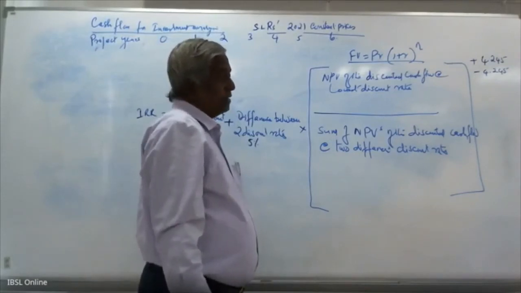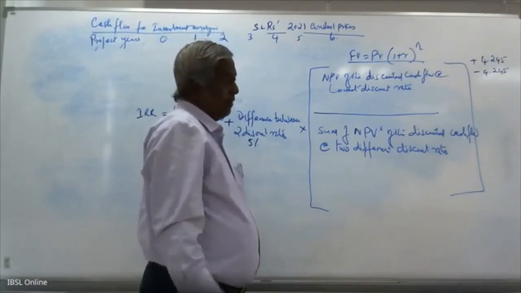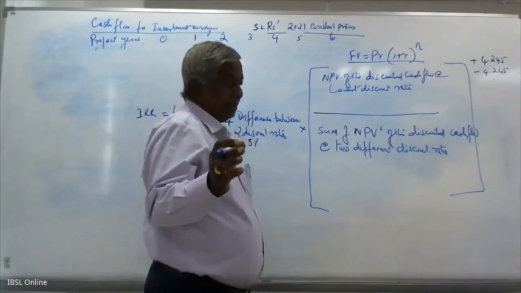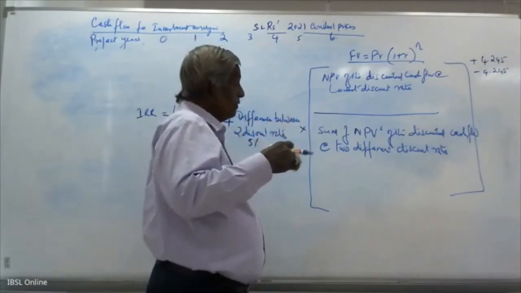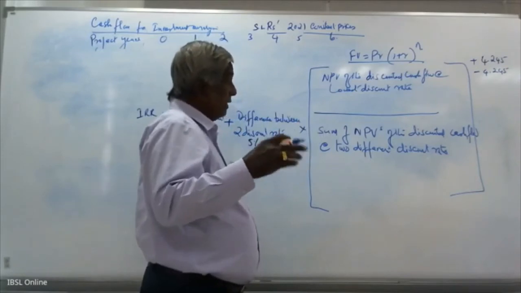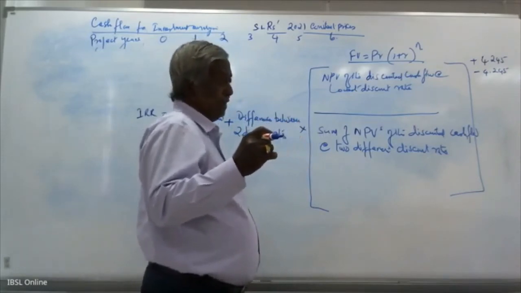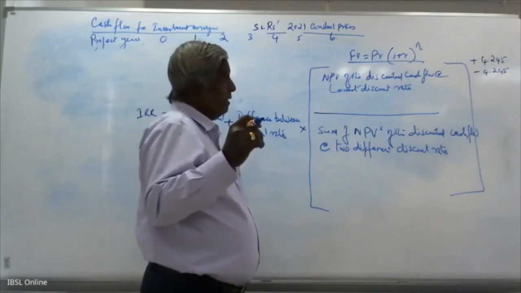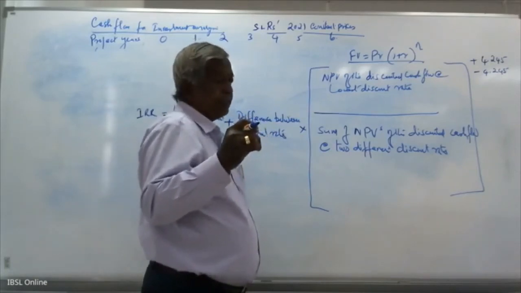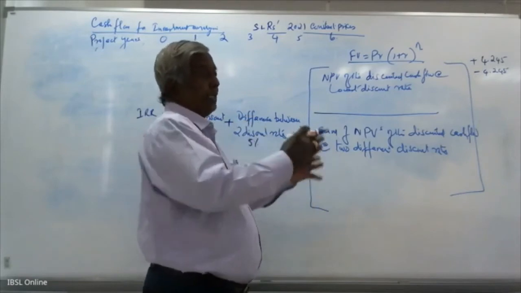Here the two different discount rates are 13% and 18%. So NPV at 13% is plus 4.245. At 18% it goes minus 4.245. Sum, total.